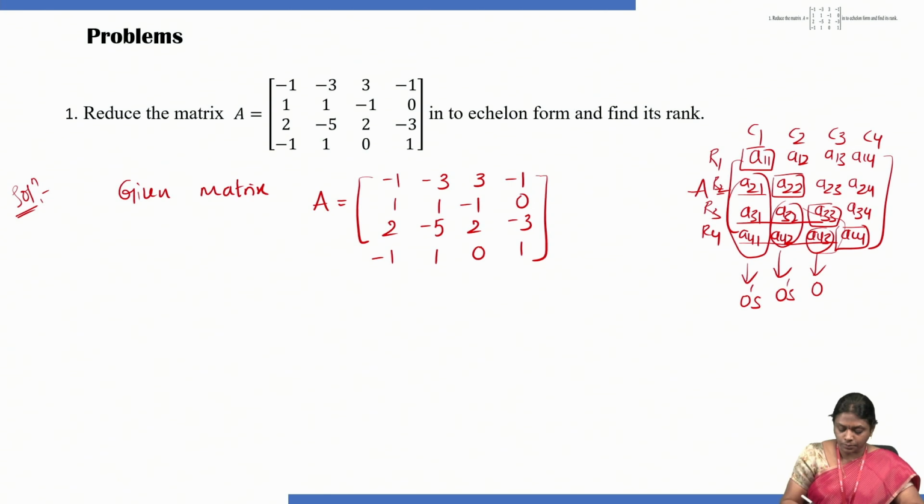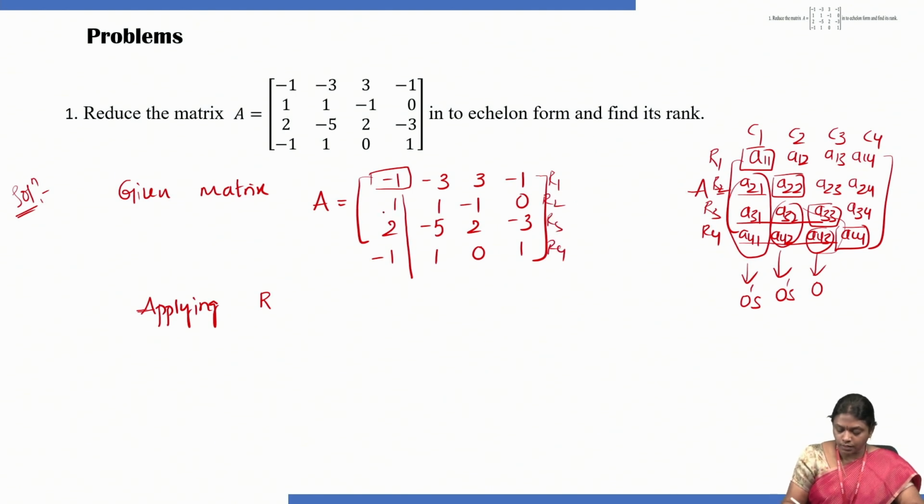Now what is my first step? With the help of this element, I need to make all the elements below it equal to zero. I start with R2, since we have R1, R2, R3, R4.